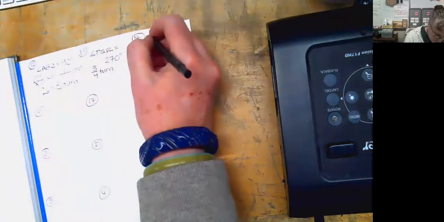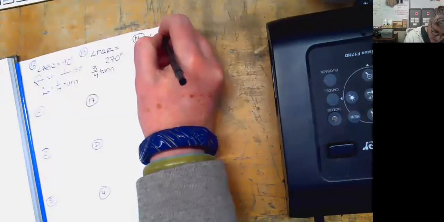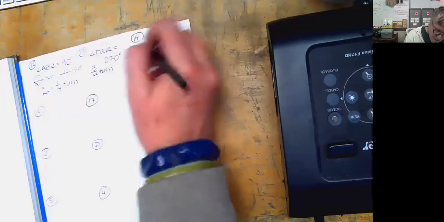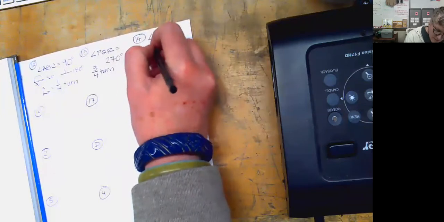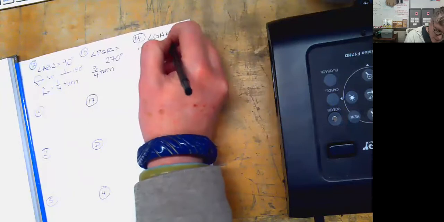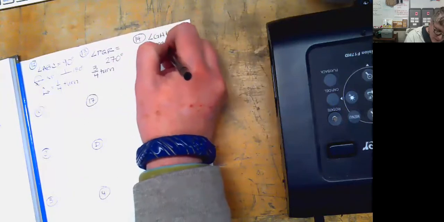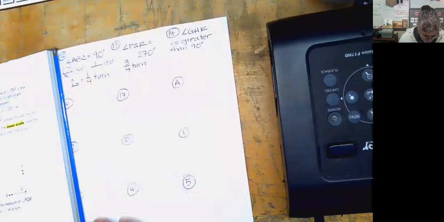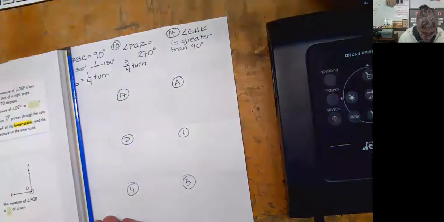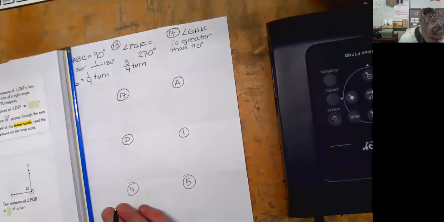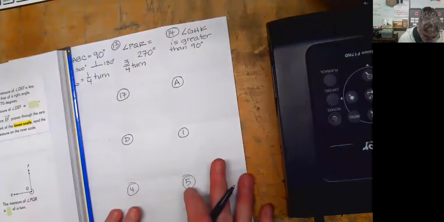So we're going to write on here greater. So we're going to say it's greater than 90 degrees. The measure of GHK is, and again, we said it's 135 degrees.